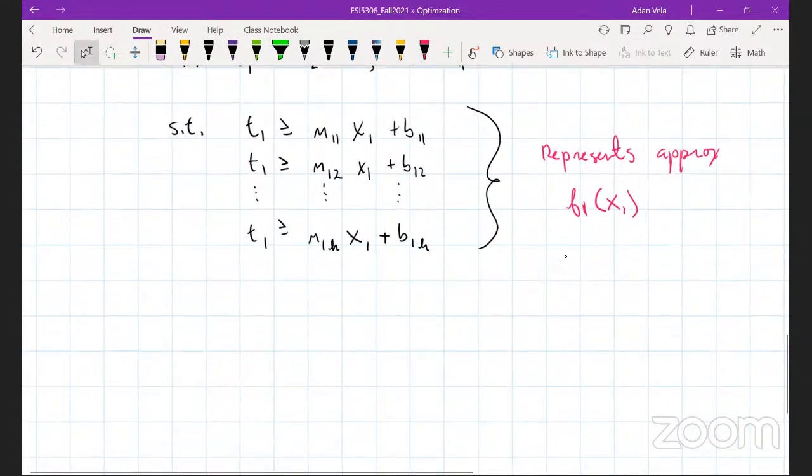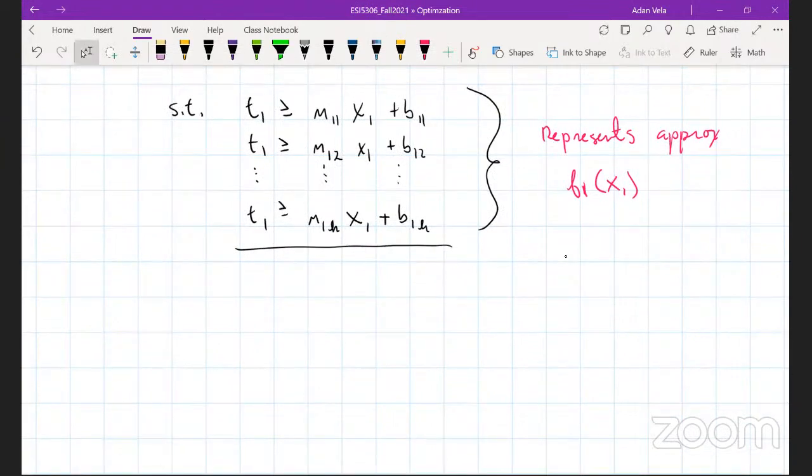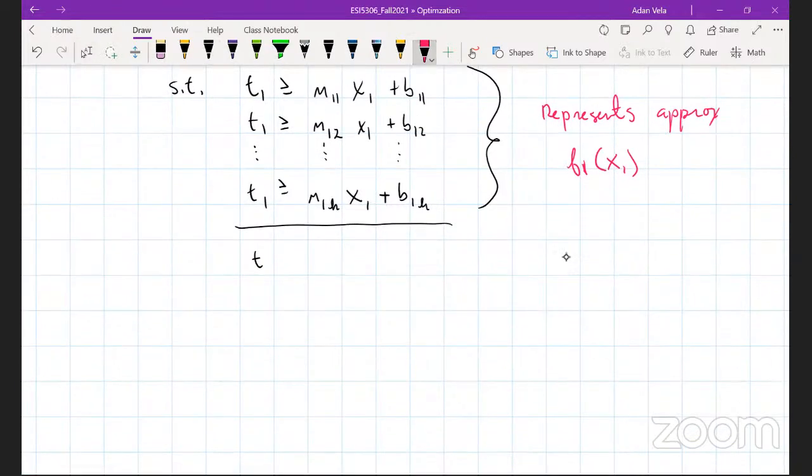Now this gets repeated for every dimension of the decision variable. So for the next set, we're going to want to represent an approximation for f2 of x2.